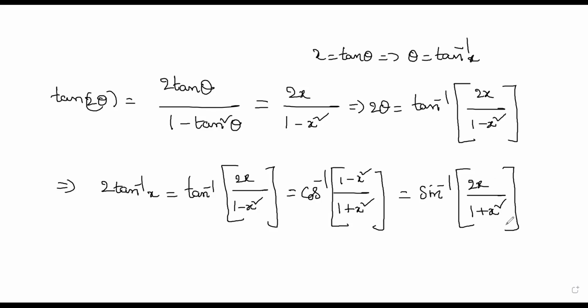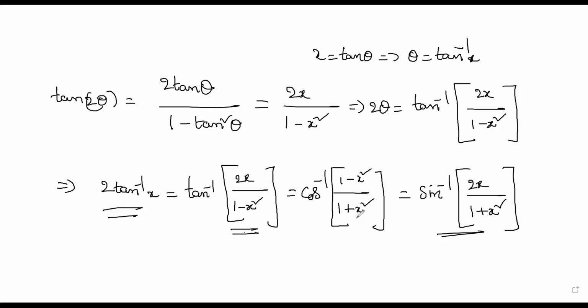So this order you have to remember. One technique we can tell you: 2 tan inverse x is sine inverse of 2x by 1 plus x square, tan inverse of 2x by 1 minus x square. So sine and tan look alike, only changing in the plus and minus signs. Cos inverse is different. Cos inverse, you get it as 1 minus x square by 1 plus x square.